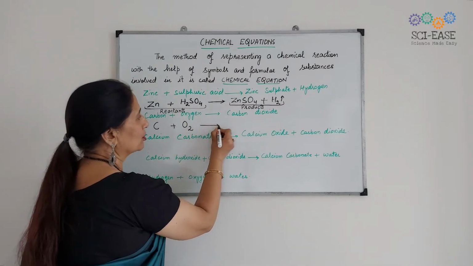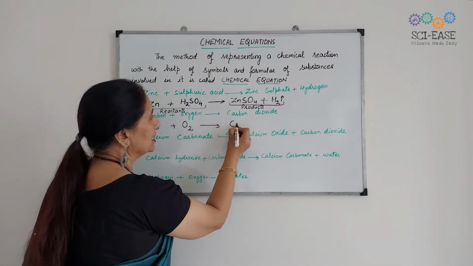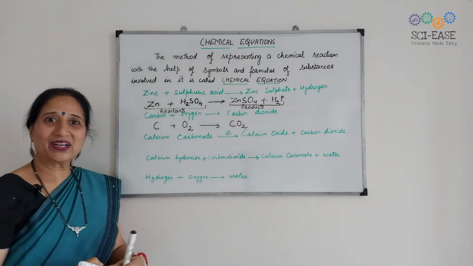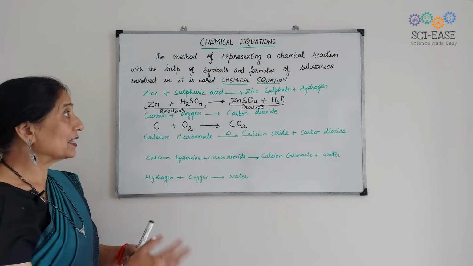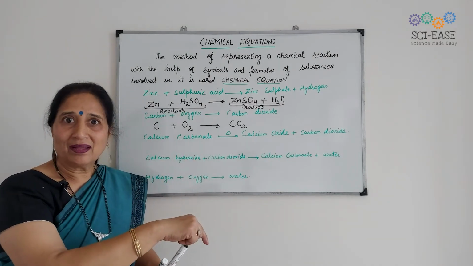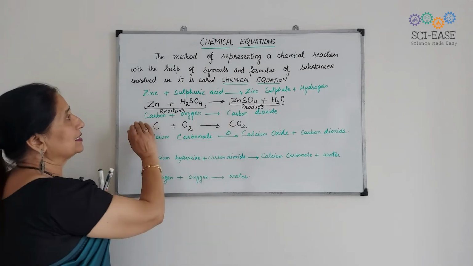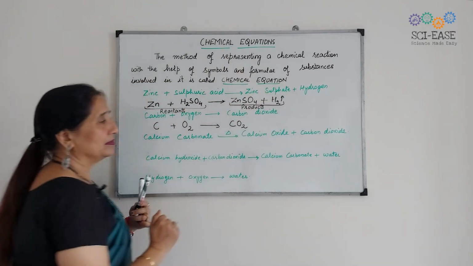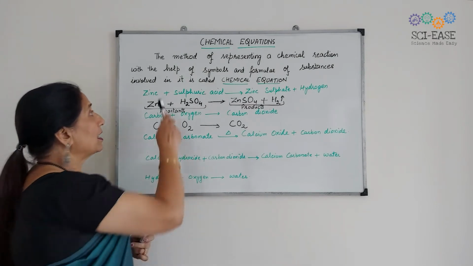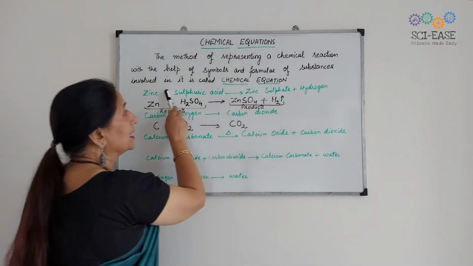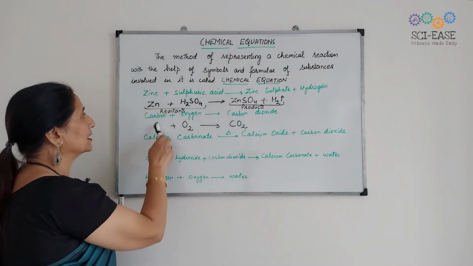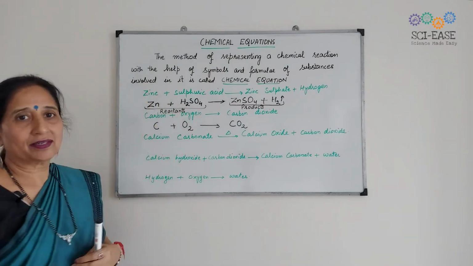And carbon dioxide is CO2. Okay? It's very easy. And it is also saving our time. We do not have to write such a lengthy word equation. These are also known as word equations, which are written in the form of chemical equations.